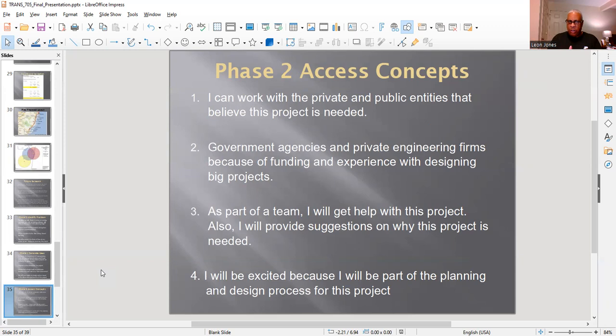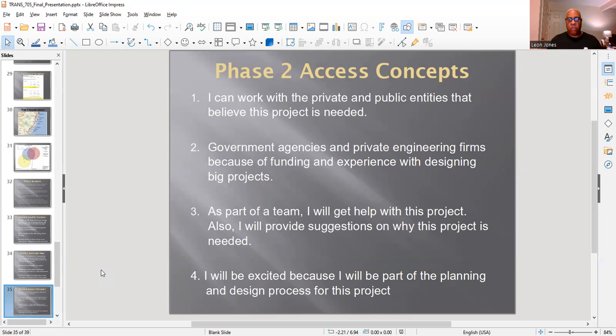Who's going to design it? So we have to deal with the government agencies and private engineering firms. The government agencies are going to be doing the funding, but when it comes to designing of big projects, we need engineering firms that have the experience.